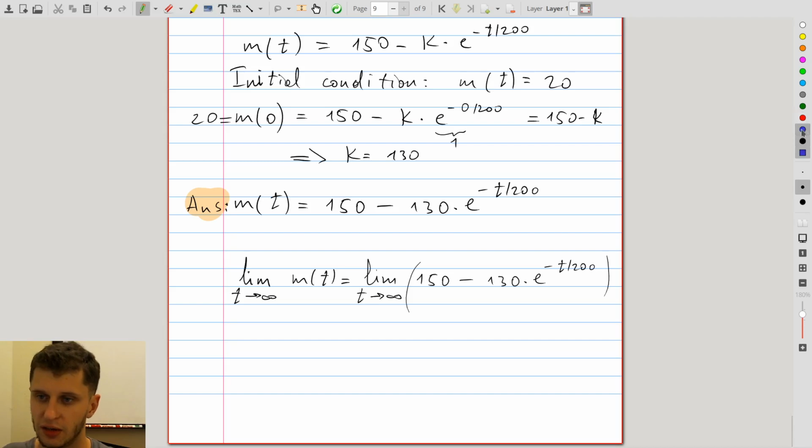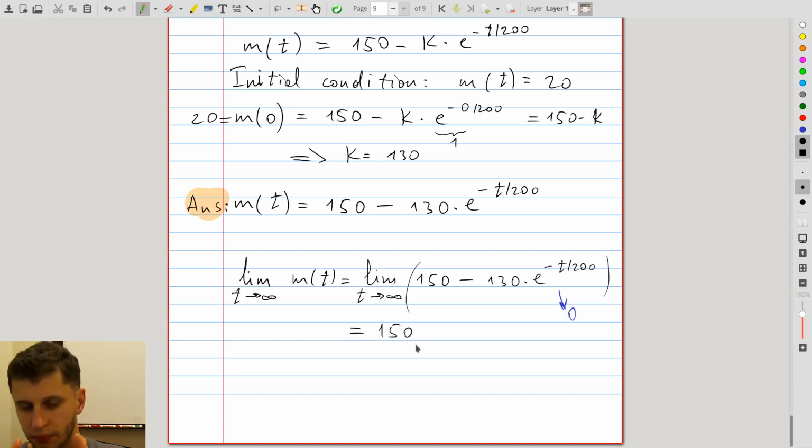So this here goes to 0 when t goes to infinity. It's exponential to minus t over 200. And my limit ends up being 150. So if we let the tank run for a long time, we're going to have 150 kilograms of salt dissolved in it.